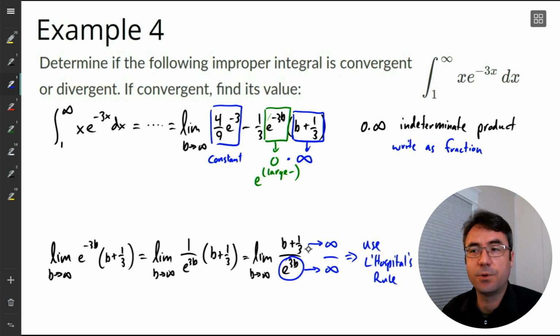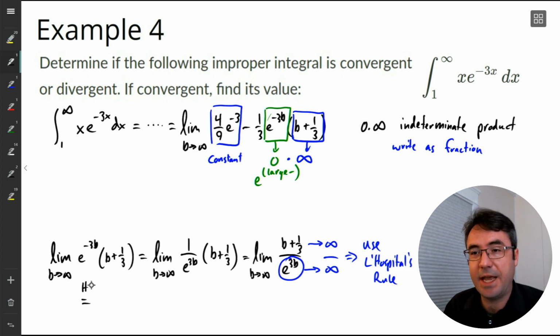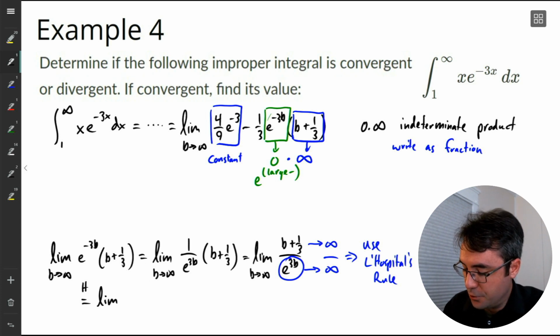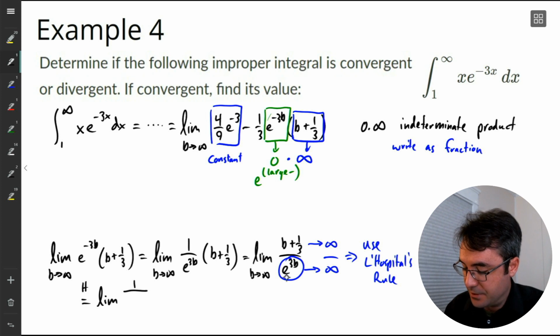So what is L'Hopital's rule? Well, we just differentiate the top, differentiate the bottom, and see what that limit is. So we'll put a little h there to indicate we're using the rule. We differentiate the numerator, and we're differentiating with respect to b here because b is really our variable. So the derivative of the top is just going to be 1, and the derivative of the denominator is going to be 3e to the 3b.